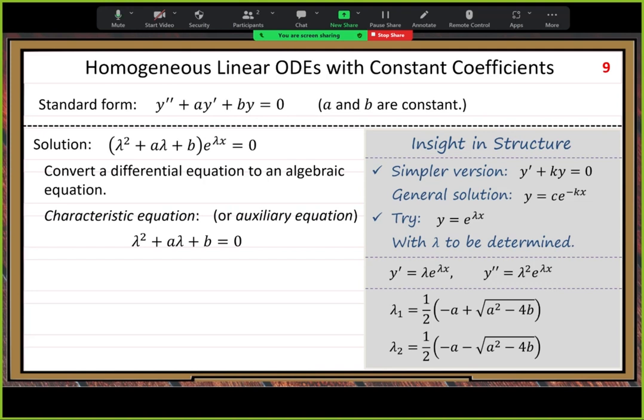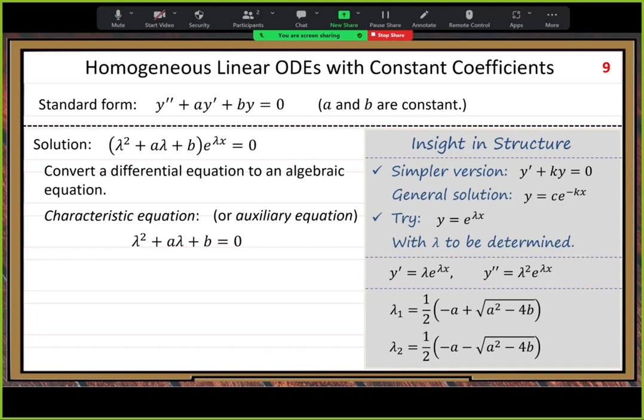But for the final solutions, we know inside the square root, sometimes it's positive, sometimes 0, sometimes negative. There are 3 cases we need to consider inside the square root.